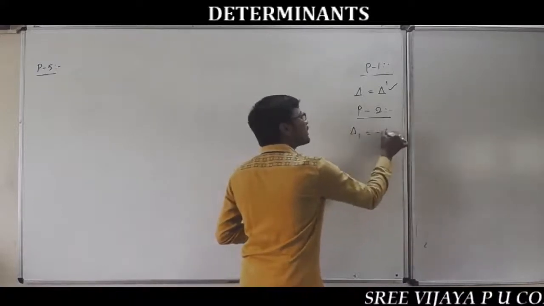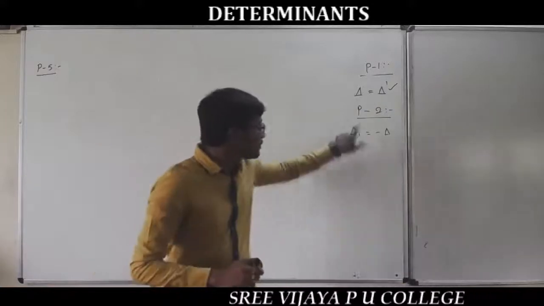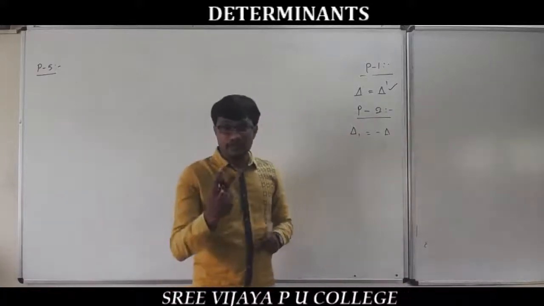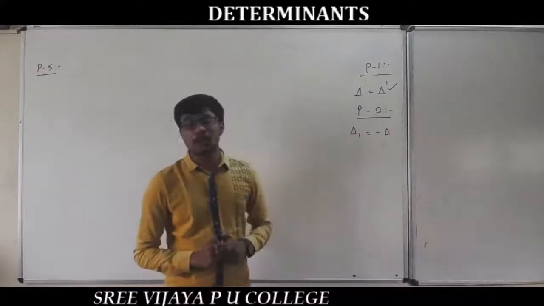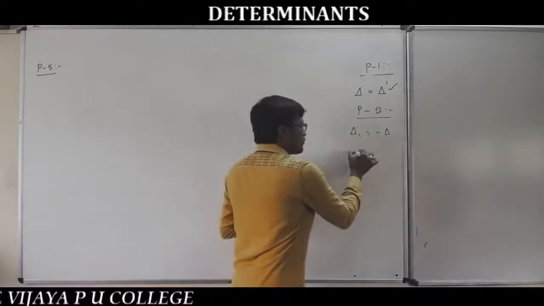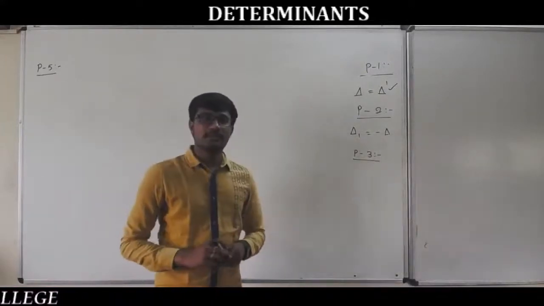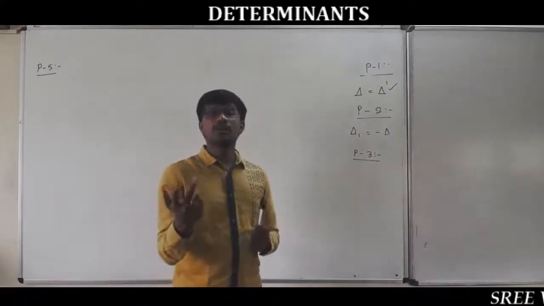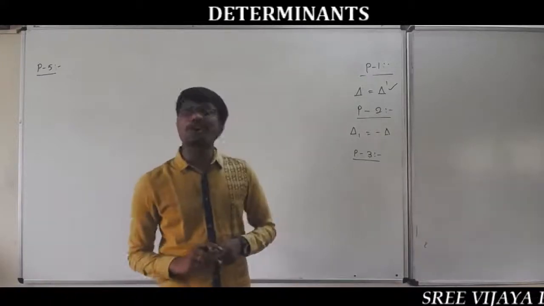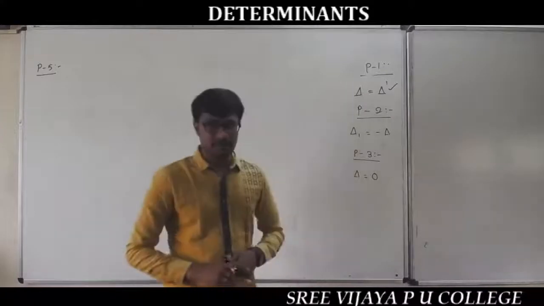Property number 2. Delta 1 will be equal to minus delta. What is this case? In a determinant, if any two rows or any two columns are interchanged, then the sign of the determinant changes. Property number 3. In a determinant, if any two rows or two columns are identical, then the value of the determinant is 0.